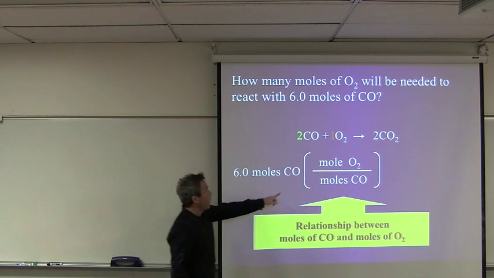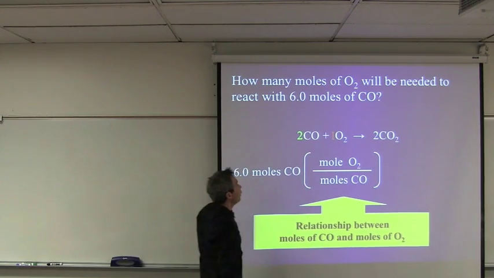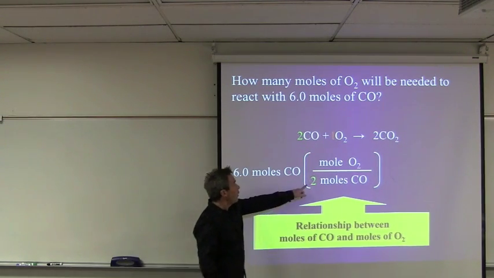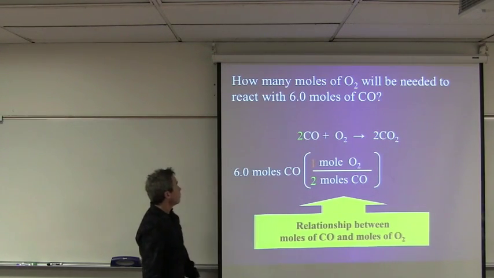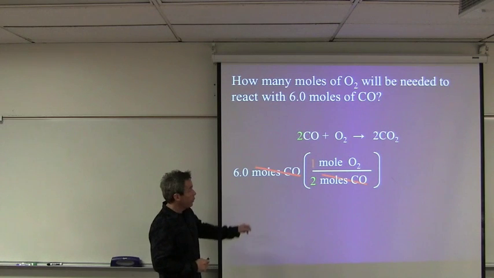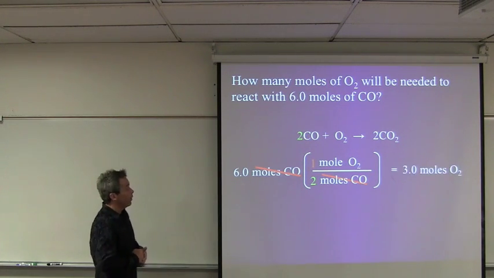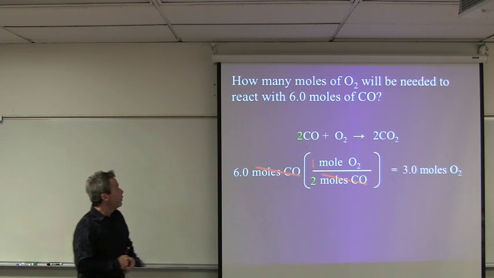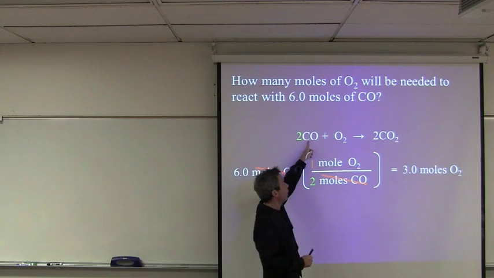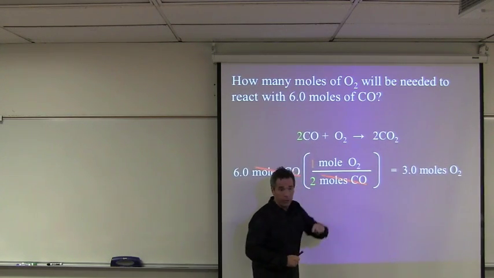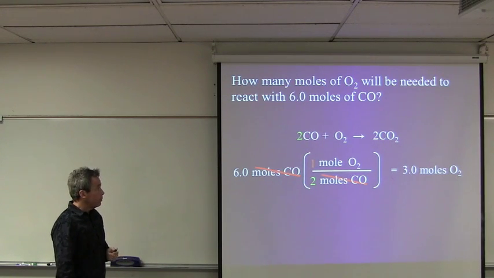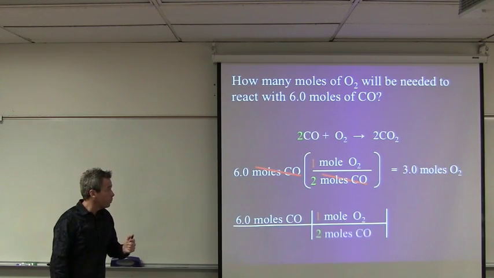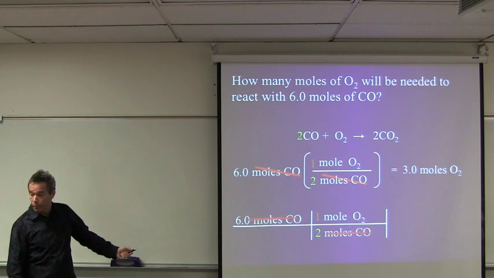Notice when you don't see a number there, I just made it appear there's a 1. So 2 moles of carbon monoxide react with 1 mole of O2. Moles of CO cancel, and we get 3 moles of O2. 6 moles of carbon monoxide require 3 moles of O2. Same way.